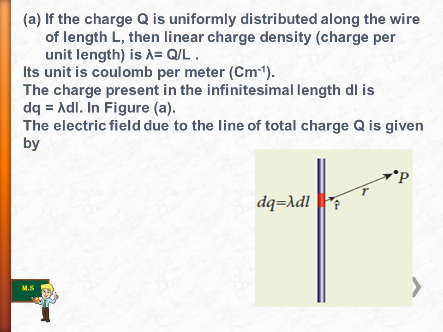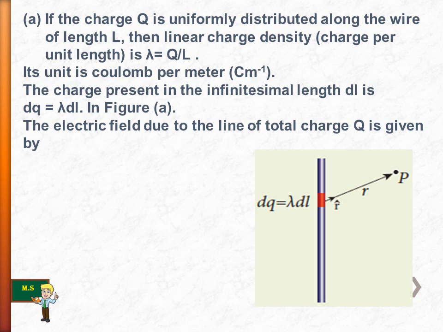Now if the charge q is uniformly distributed along the wire of length L, the linear charge density, that means the charge per unit length, lambda is equal to q divided by L. That means charge divided by the length.